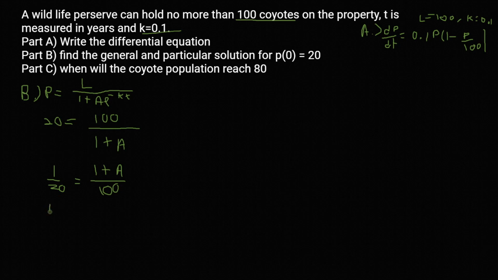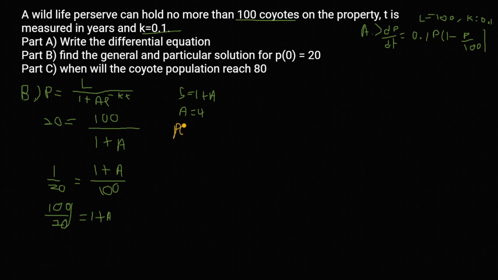So it's 100 over 20, or 10 over 2, is equal to 1 plus A. So 10 over 2 is 5 equals 1 plus A. And A is equal to 4. And now we can substitute it in and get our very specific solution.